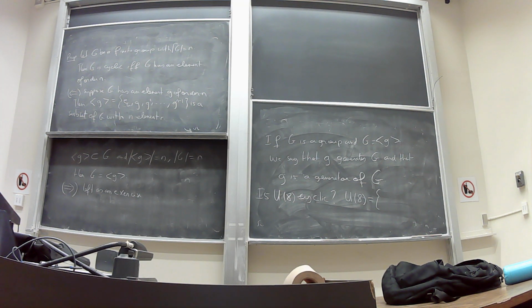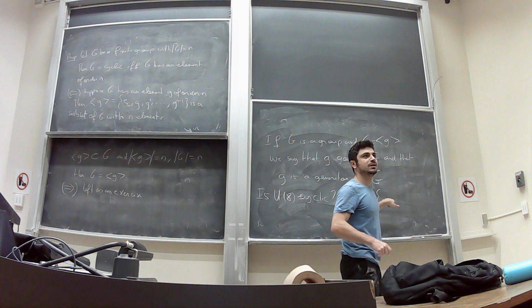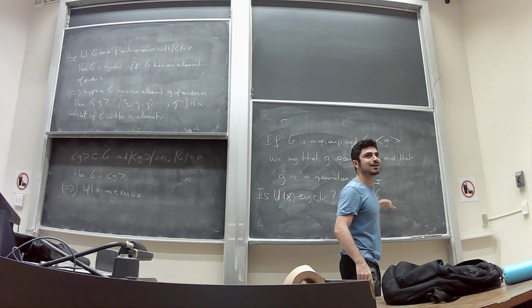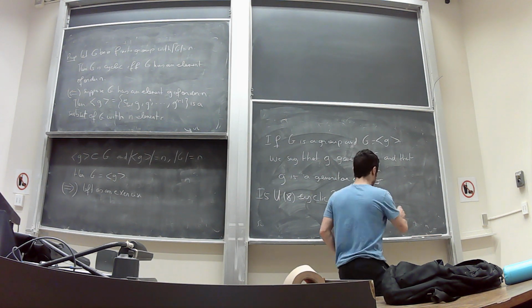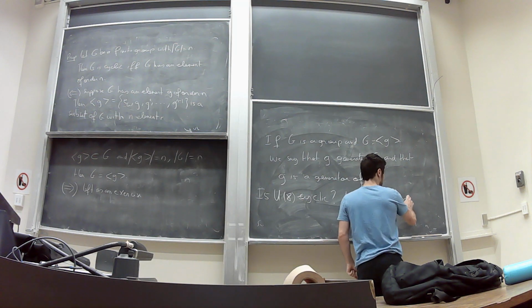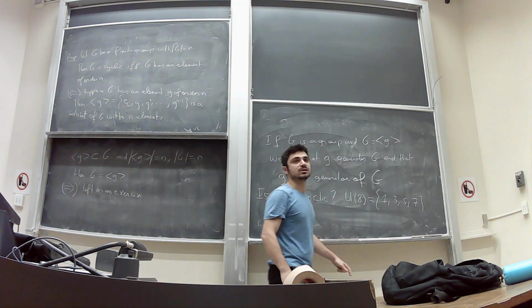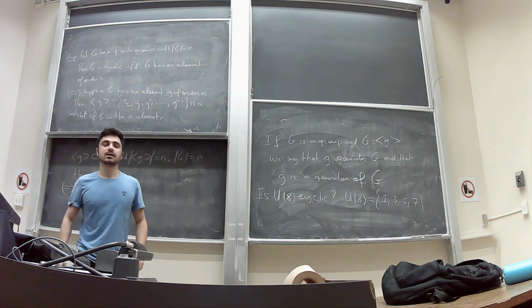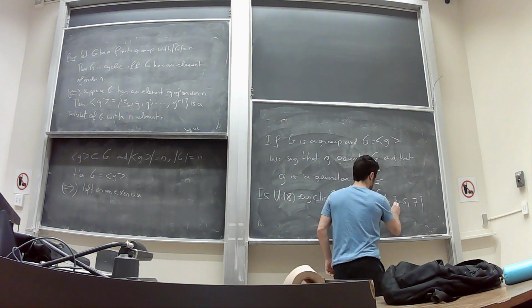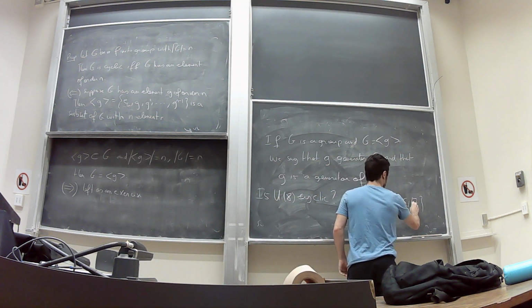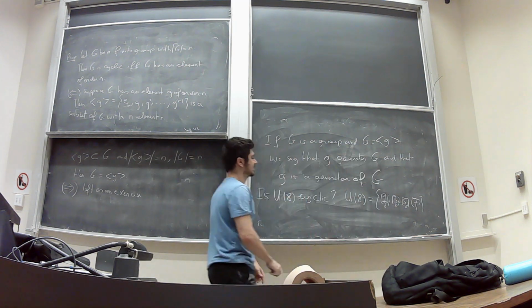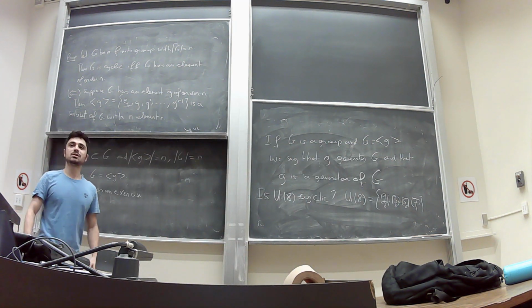What are they? 1, then 3, 5, and 7. I'll drop the indices, as you did before. With multiplication modulo 8.